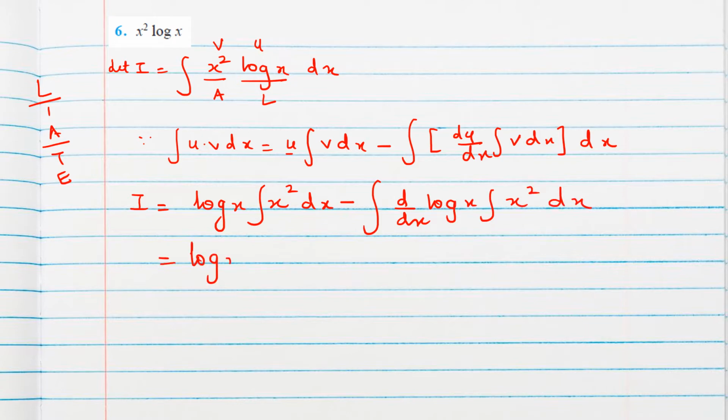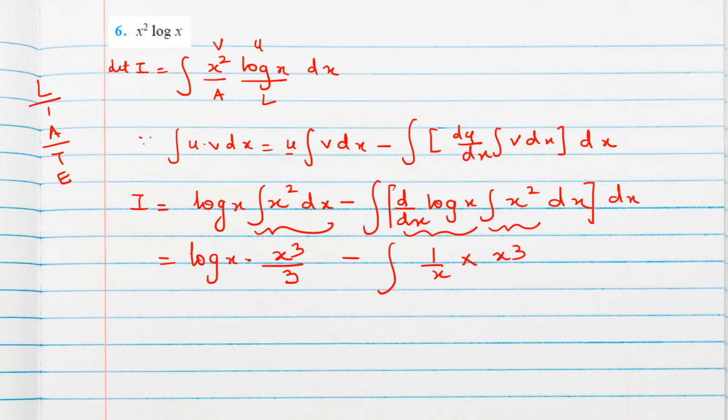So log x, here we can use the power rule, isn't it? So x cube by 3. For this 1 by x, for this integral x cube by 3. Here complete dx is also there. So this x will go, square will remain. Okay, so x cube by 3 log x minus 1 by 3 we can take out.